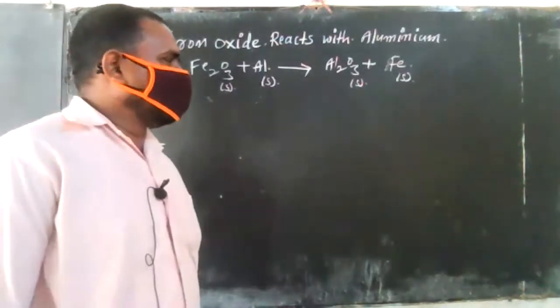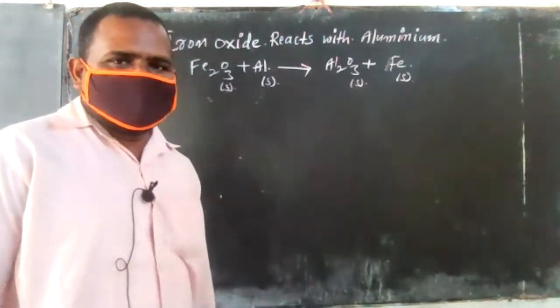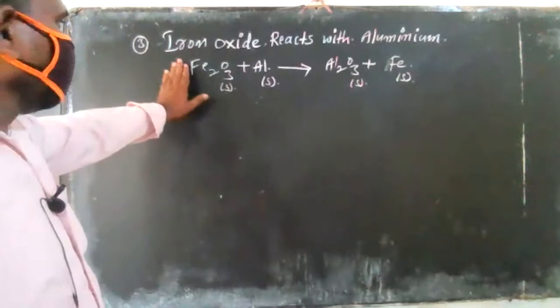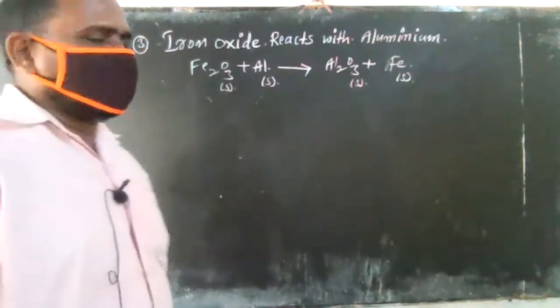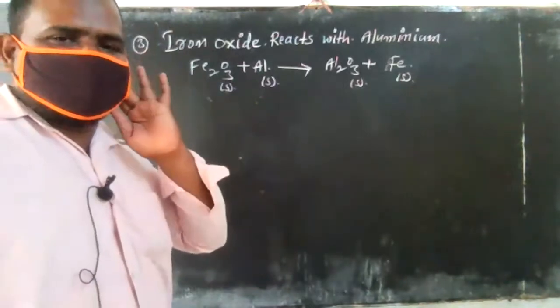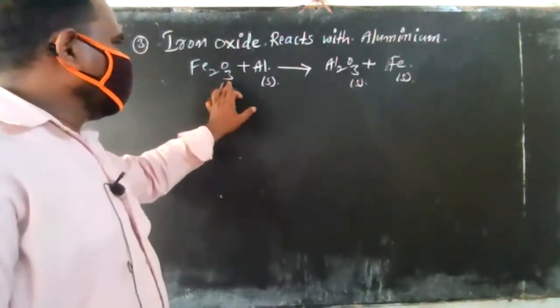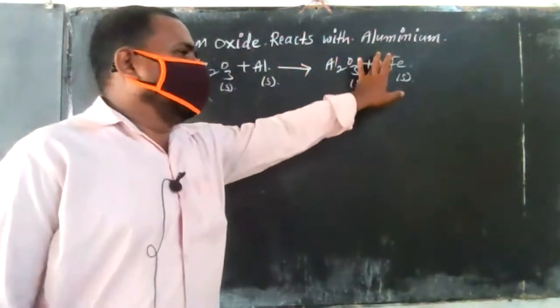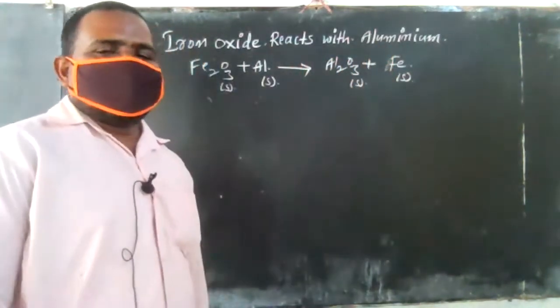So how do we balance this unbalanced equation? Just by changing the coefficient number. The coefficient number is the number placed beside the iron. Do not change the subscript or any other place; only change the coefficient.